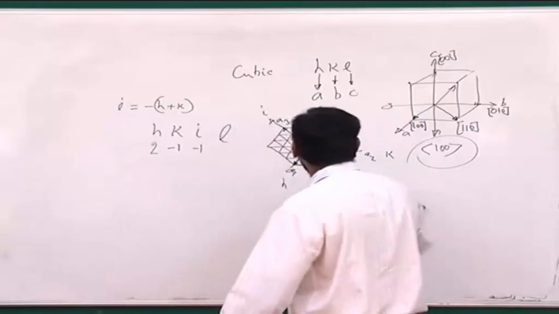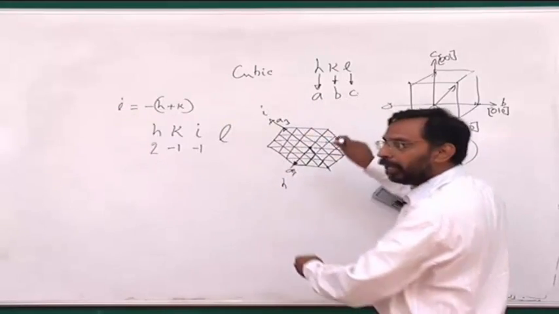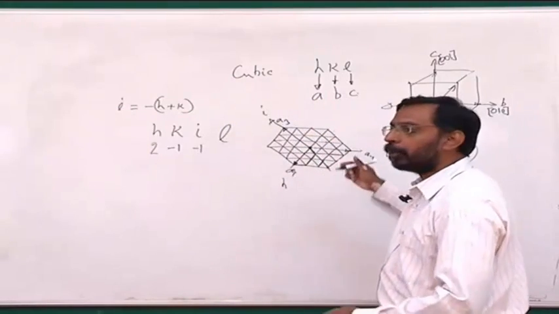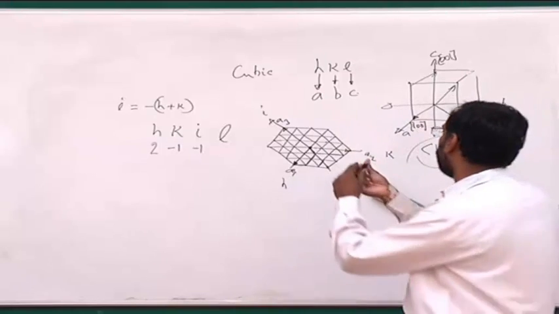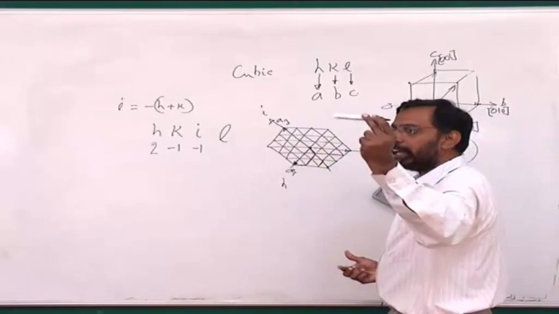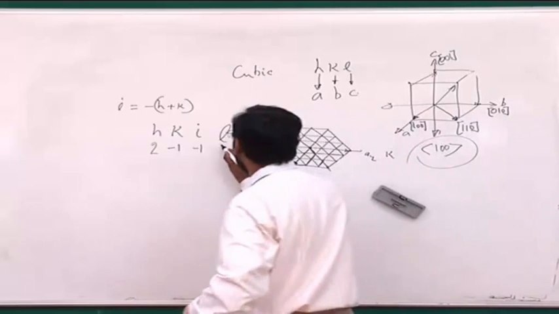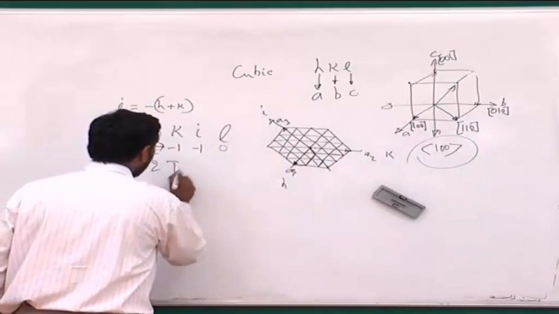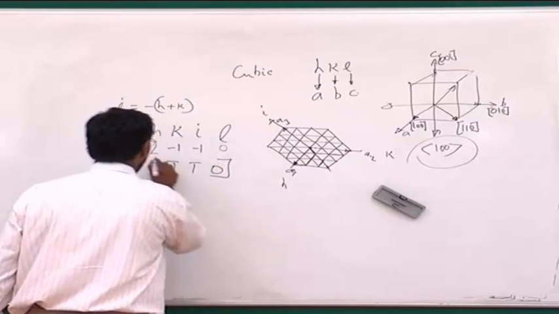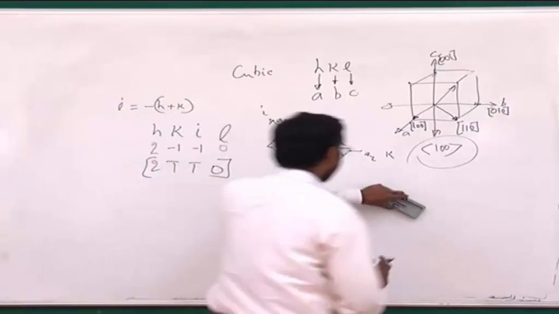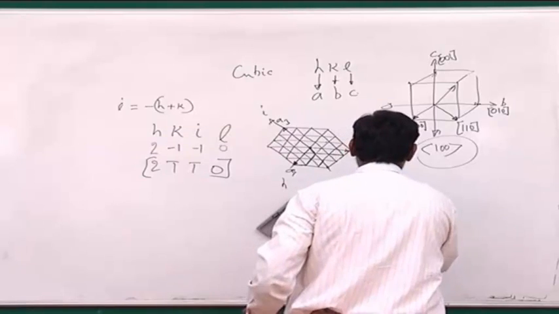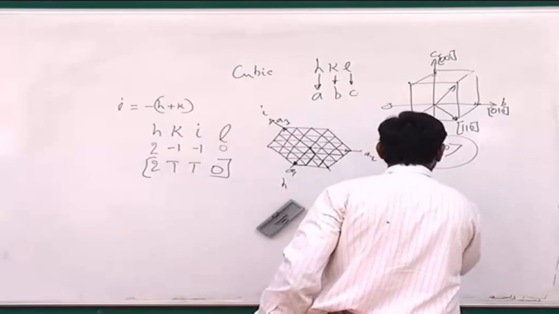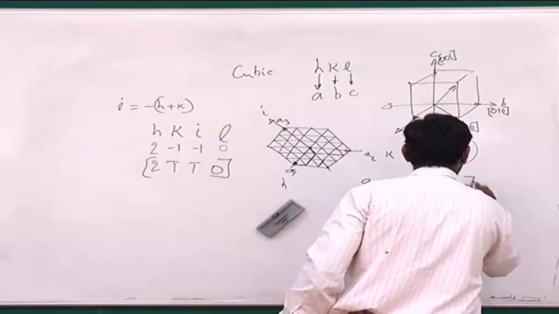And because this whole thing is inside the basal plane, and all these directions are perpendicular to our C vector, obviously in the L they will be 0. So this is nothing but 2 bar 1 bar 1 0. So I can now write here that A1 direction can be represented by 2 bar 1 bar 1 0.